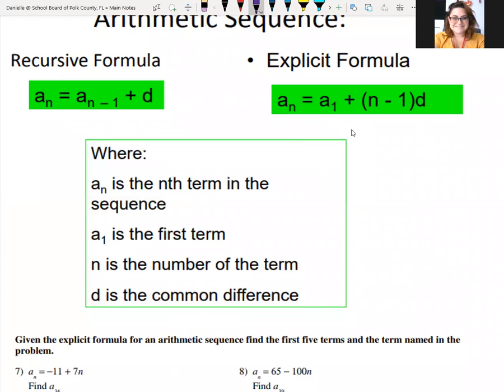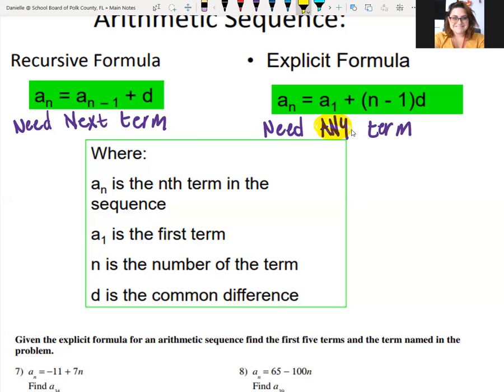Recursive would be finding the next term. So we need the next term. Explicit would be need any term. And this is the big difference, needing the next versus any.